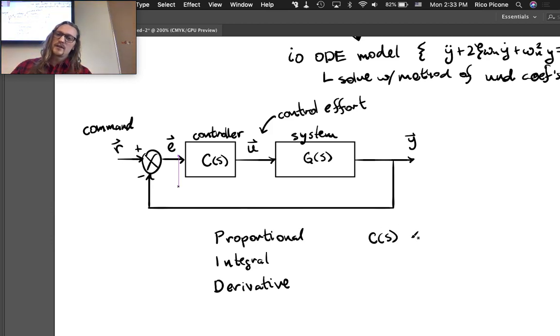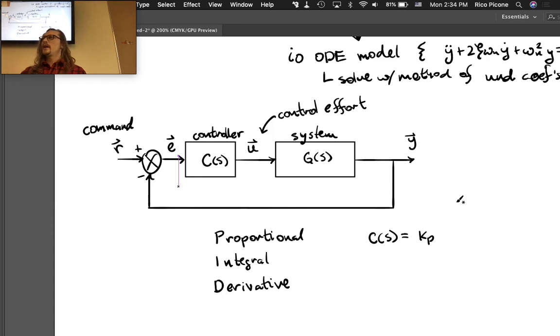So C of S, there's going to be a proportional term, Kp. And what it's going to do is just take the error, whatever it is, and scale it by some gain, Kp. Now, when you do that, you have some behavior that looks a lot like a spring.